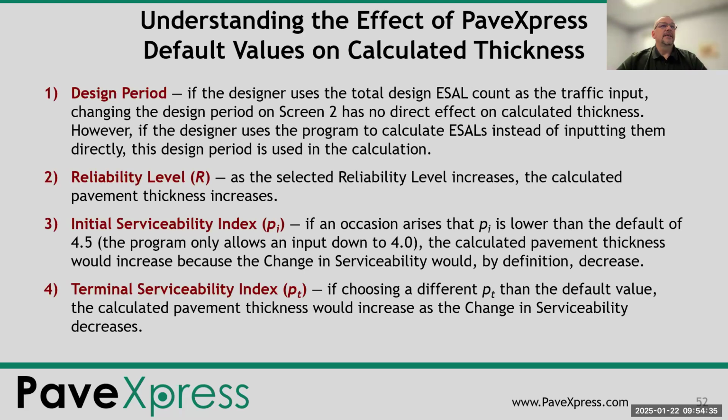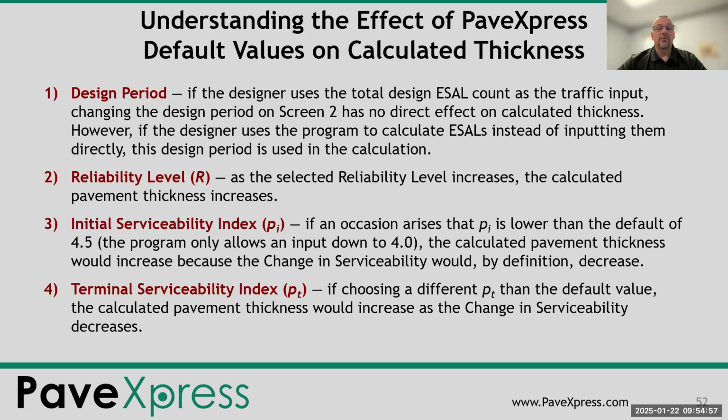Reliability level, as that increases, the calculated pavement thickness also increases. Initial serviceability index, if an occasion arises that it's lower than the default value of 4.5, the calculated pavement thickness would increase because the change in serviceability would by definition decrease.